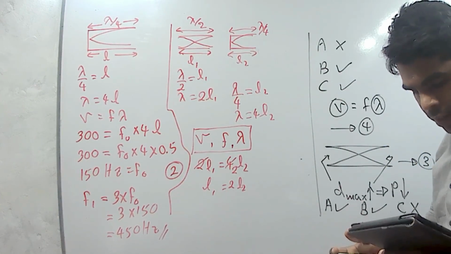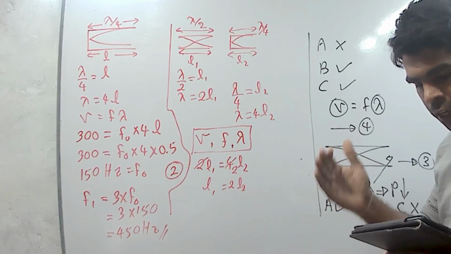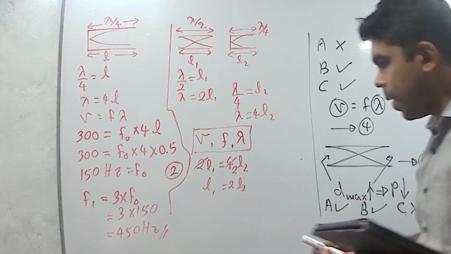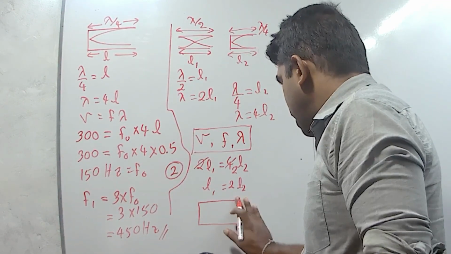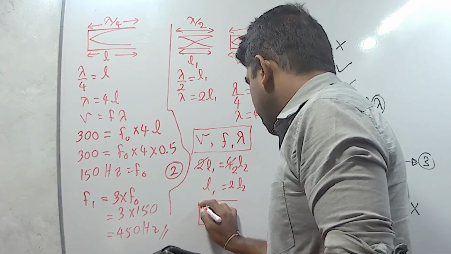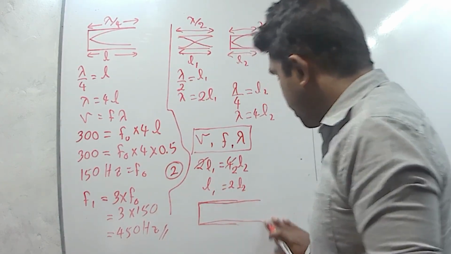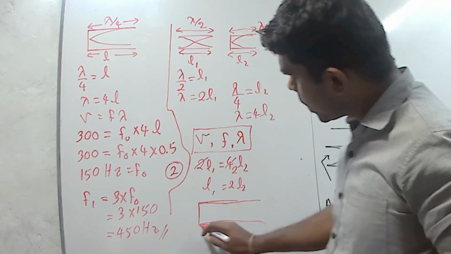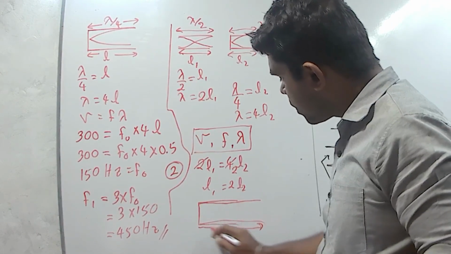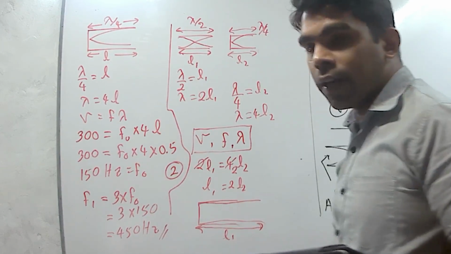Now they have given that the open pipe is inserted fully into the closed pipe. Now it is like this, closed pipe and open pipe. The open pipe is fully immersed in the closed pipe. Then this length should be L1, the long one.